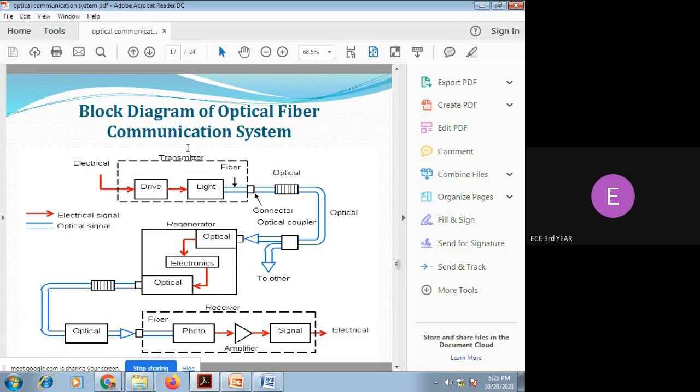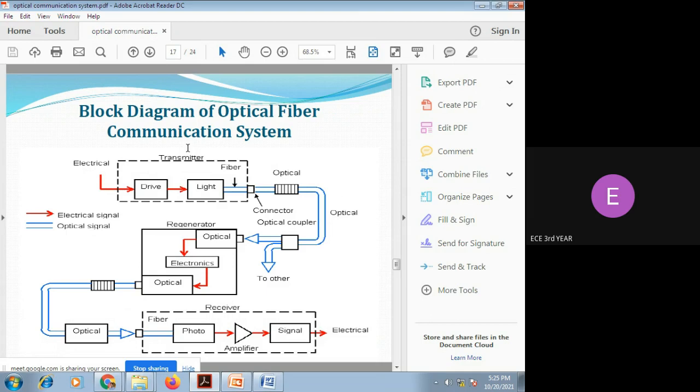The light source may be either an LED or a laser. These two sources are used depending upon the application, the design, and your requirements.